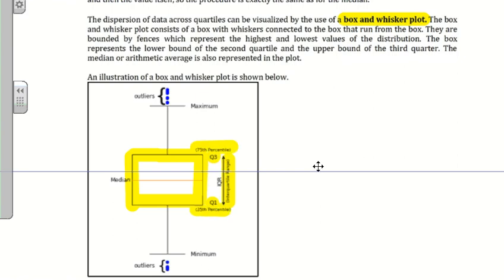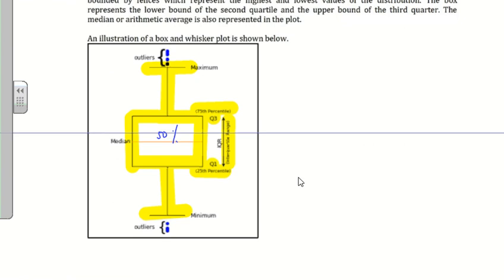So this reflects, as we said, the middle 50% range. Why is it called whiskers? Well, there are the whiskers. Those are what's connected to the box. They are bounded by fences, a max fence and a minimum fence, which are the highest and lowest values of the distribution. Anything beyond there would be considered what we call outliers.